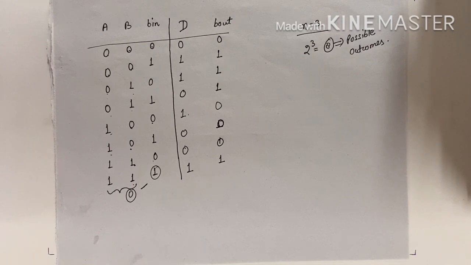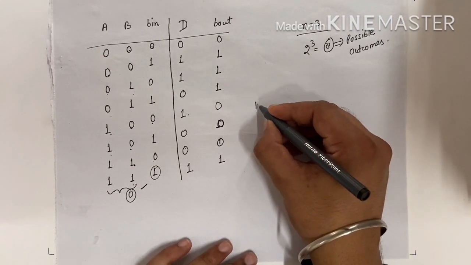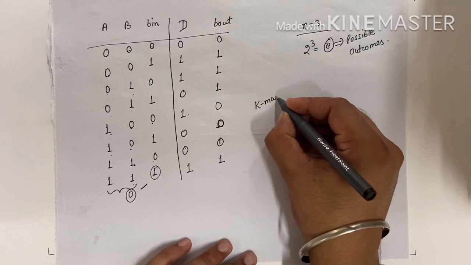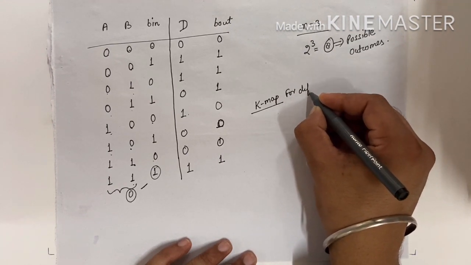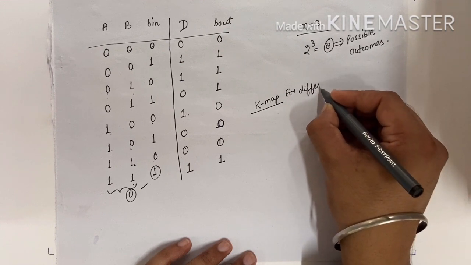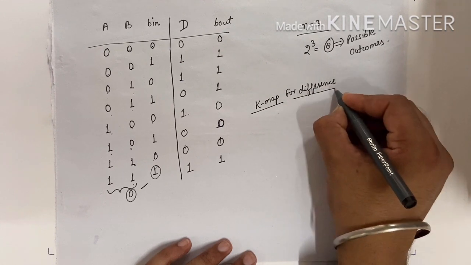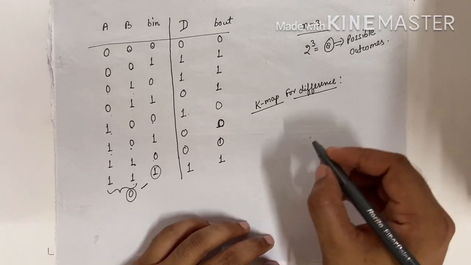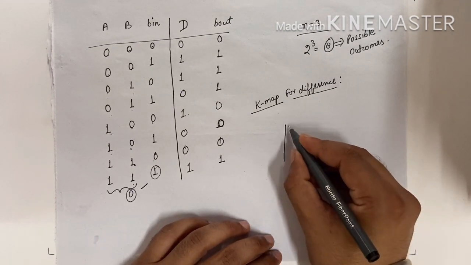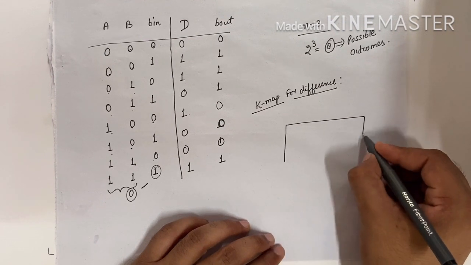There are three variables, and a three-variable K-map is in this fashion. Firstly we have to draw the K-map for difference. So put a heading, K-map for difference. In the earlier video we saw the three variable K-map. We can draw it in this fashion.